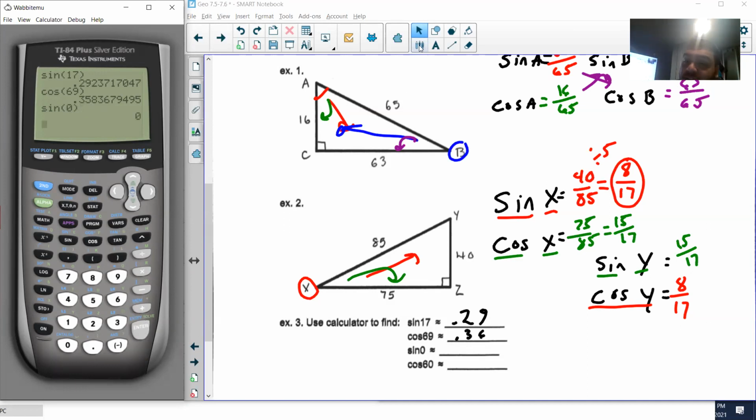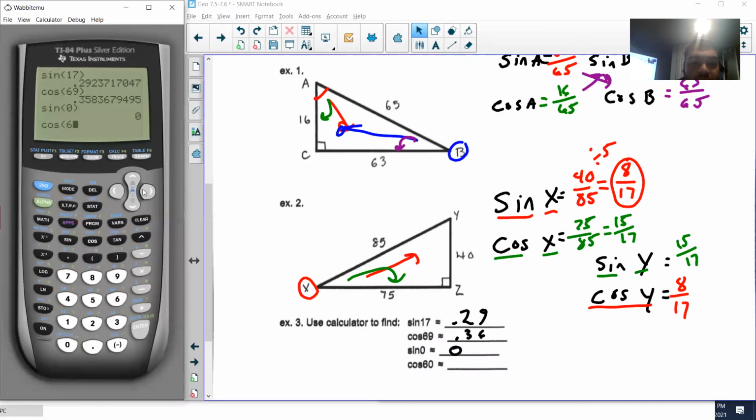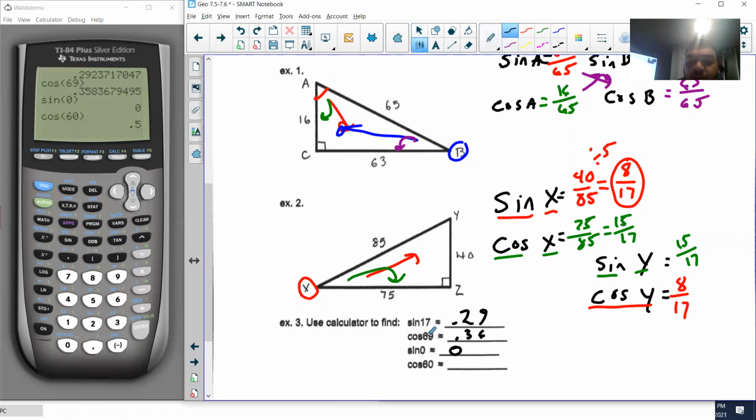Turns out sine of 0 is 0. Last one, cosine of 60. Cosine of 60 should be a half, if I remember correctly. Yeah, 0.5. So cosine of 60 is 0.5.